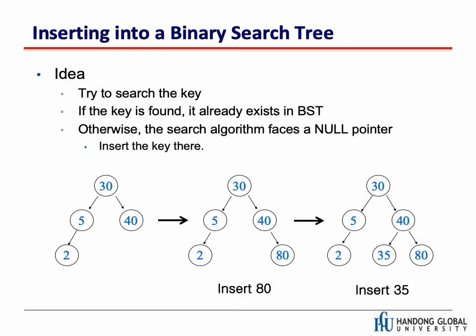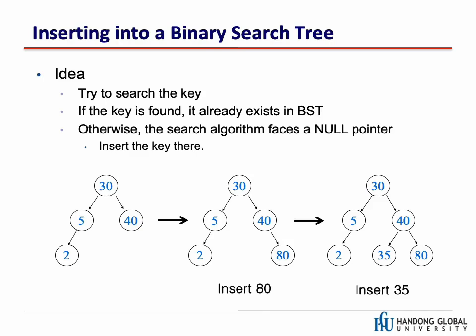Otherwise, there is no such key in the BST. When we follow the search function, if we don't have that key in the tree, we will meet a null pointer. Then we insert the node there.